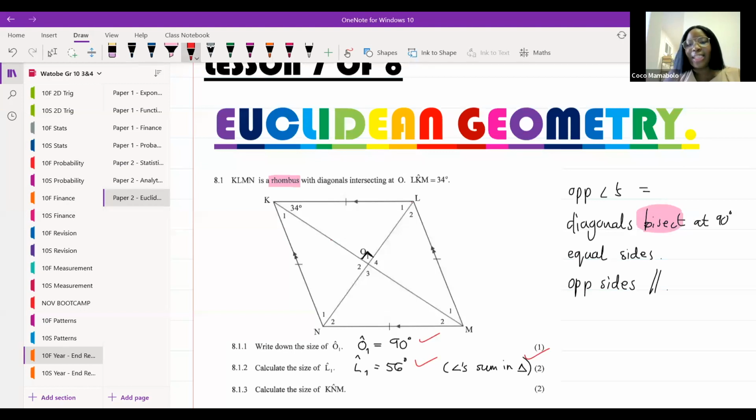All right, now they say calculate the size of KNM. Let's look at it. They want that whole angle. Let's talk, guys. How do we get there? Who's got an idea for me?